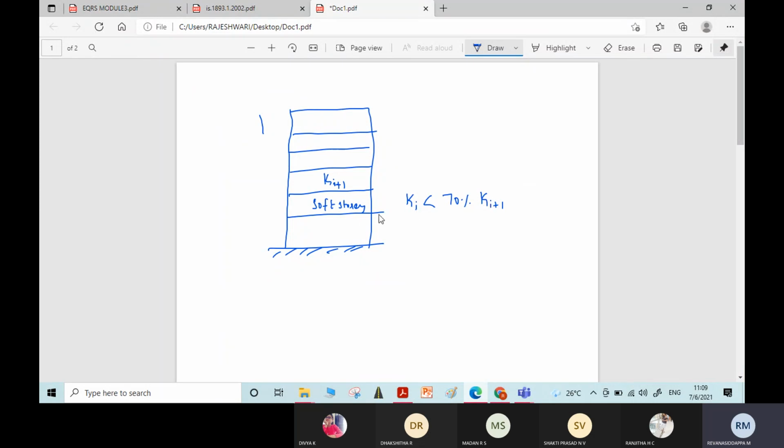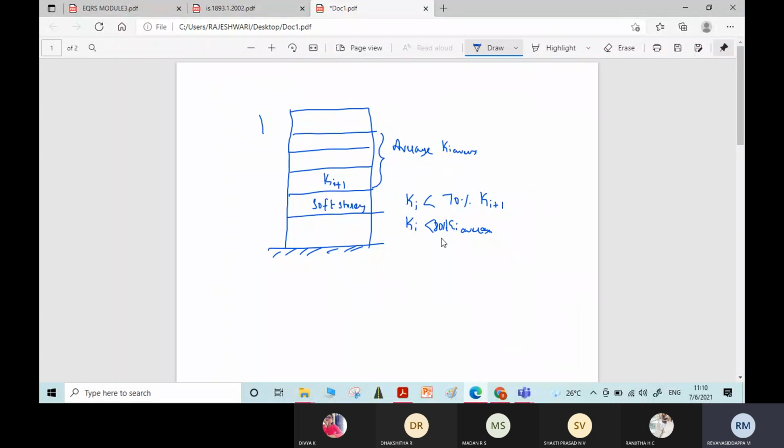And it is considered a soft storey for one more condition, when the average stiffness of the top three storeys above the ith storey, Ki average, is such that the stiffness of the ith storey is less than 80% of the average stiffness of the upper three consecutive floors.